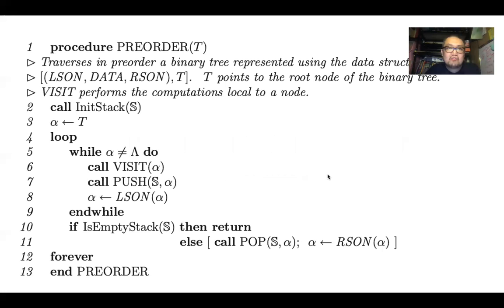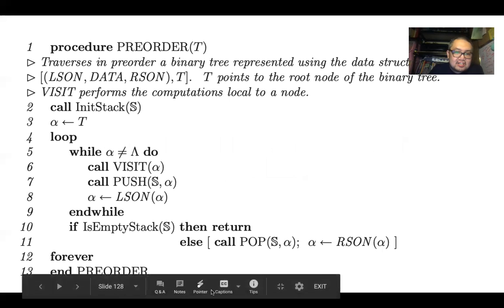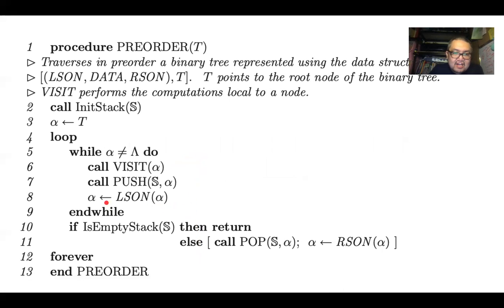So let's look. This is an alternative implementation of the pre-order traversal. I want you to look at this line. We have a visit here. We have an alpha pointing to the left of alpha, which is basically going to the left subtree.